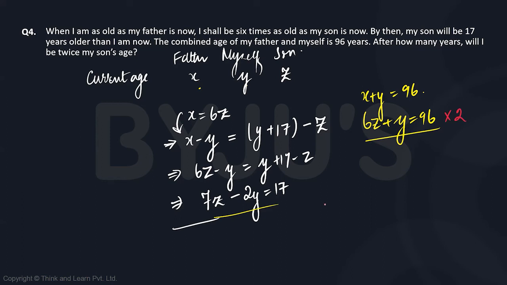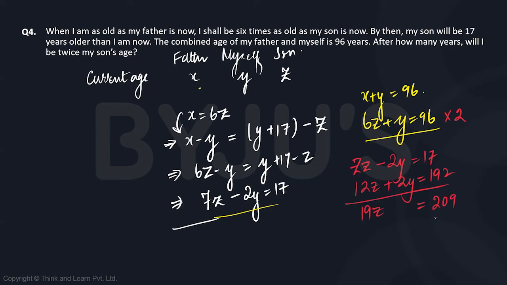So when we do that, 2Y will cancel out. So we will have 7Z minus 2Y is equal to 17 and 12Z plus 2Y is equal to 192. So if you add it, we are going to have 19Z is equal to 209.